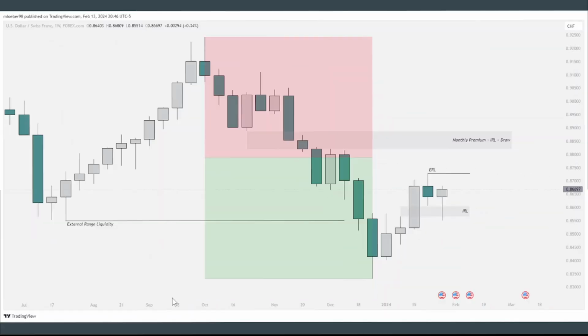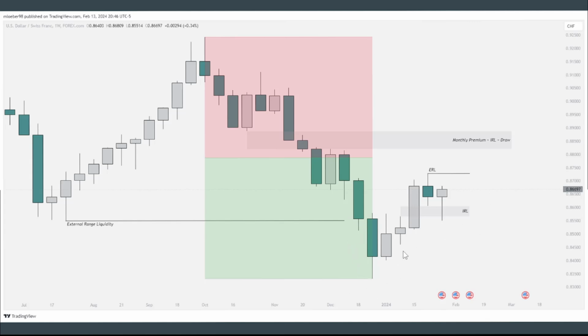Now that we identified the clear draw in liquidity on our monthly chart, we're now going to look at the weekly chart as well. And again, right off the bat, your draw in liquidity should be obvious within 10 to 15 seconds. After price ran that monthly low, we found a swing low that formed here.